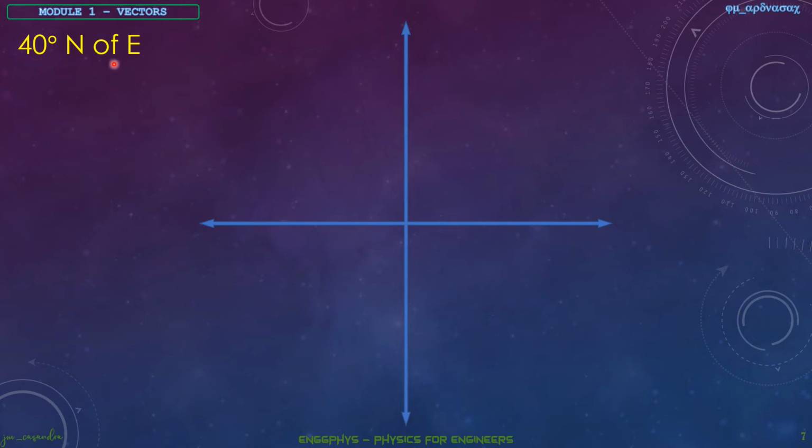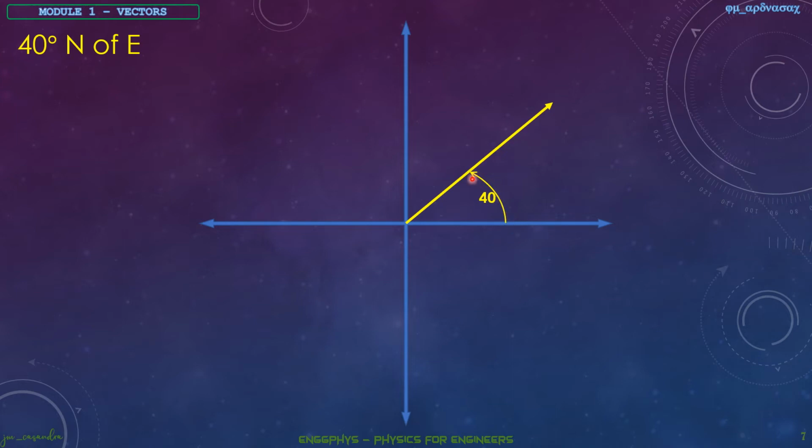In this case, it says of east. It means we have to measure it from the east. So 40 degrees from the east going to north. This is now our direction. This is the line of action, or the line of direction.